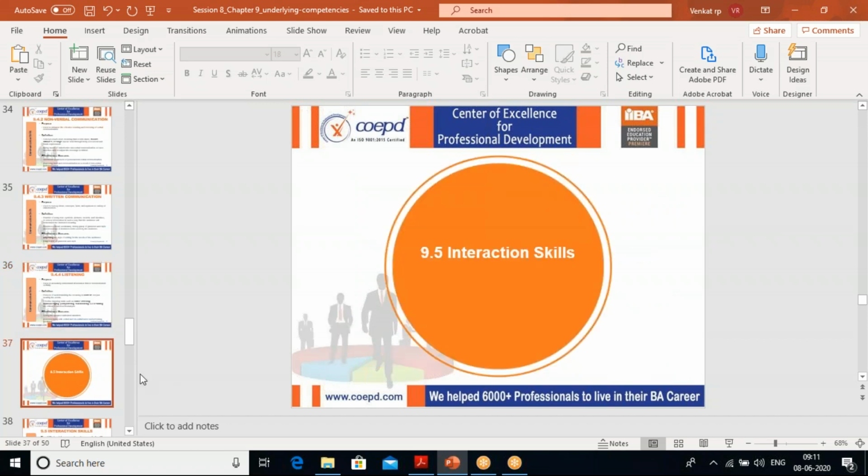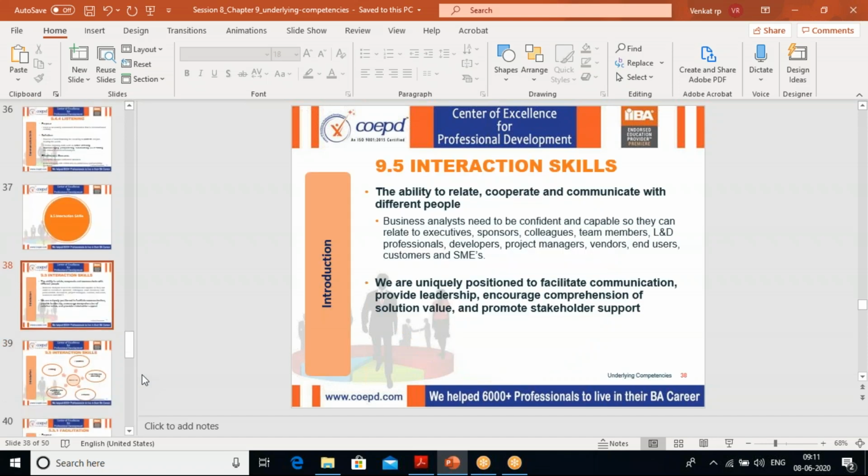And then we have the interaction skills. Interaction skills means how we are going to interact with different communities of people, with different categories of people, with the team members, with the stakeholders, and how we are going to communicate our requirements, how you are going to relate, correlate, and communicate with other people.